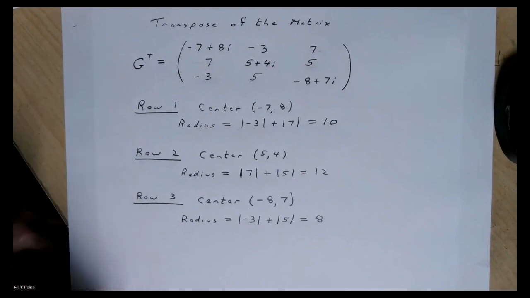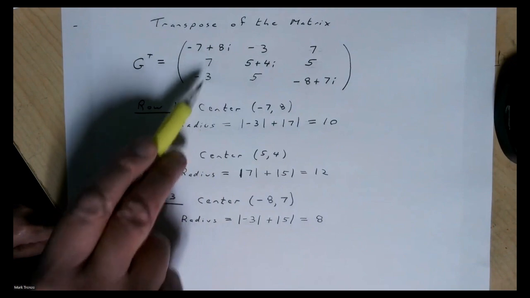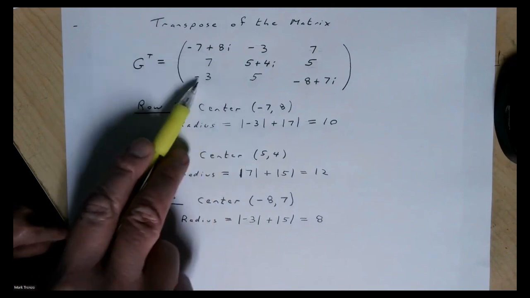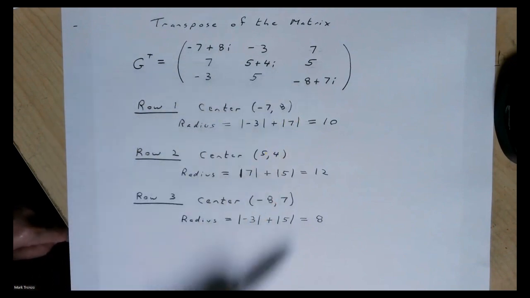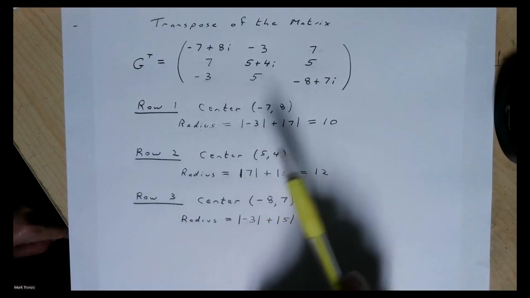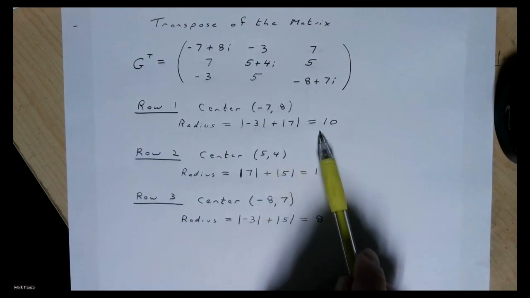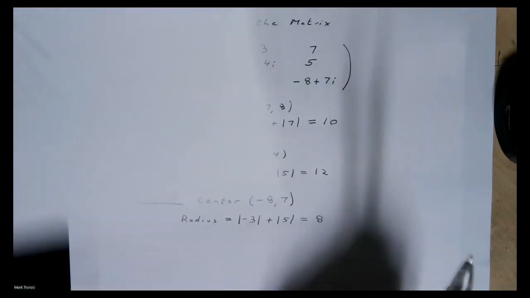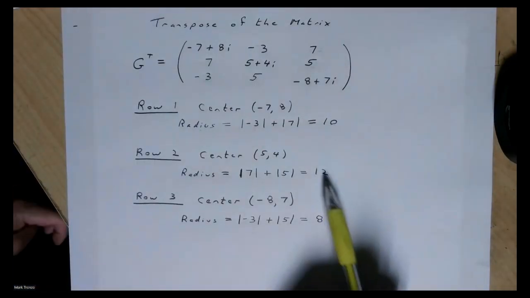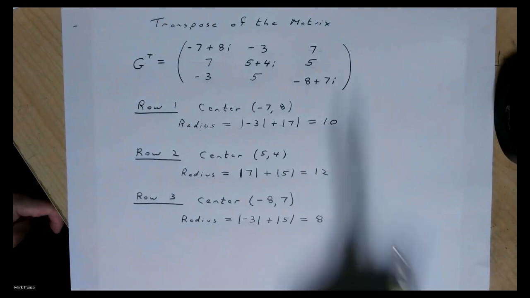So when you do that, we have the centers, and the centers are actually going to be the same because when you take the transpose, the diagonal elements don't change. Now, interestingly, the first radius was exactly the same as for our original Gershgorin set. Now, the second radius changed, and the third radius changed.